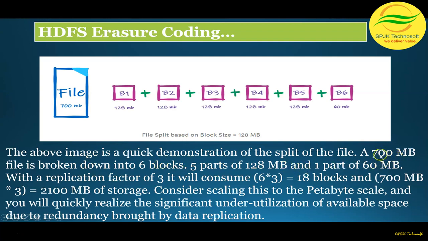If I make replicas of 3, that comes to 2100 MB, right? Considering the scaling factor, if we have petabytes of data, then the replicated data will be in petabytes as well. That will eat up a lot of space, the processing will become slow, and there will be a lot of issues managing the redundancy of the data.